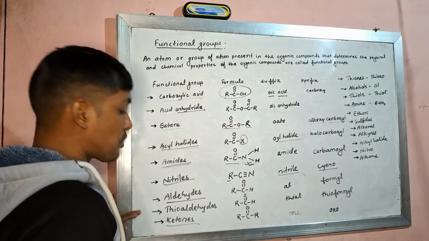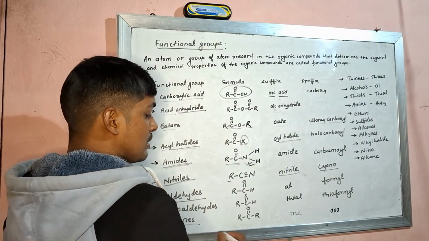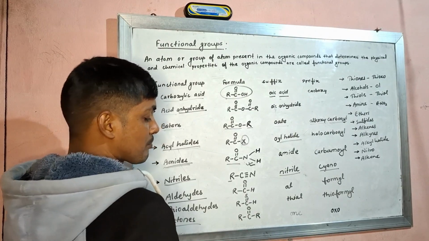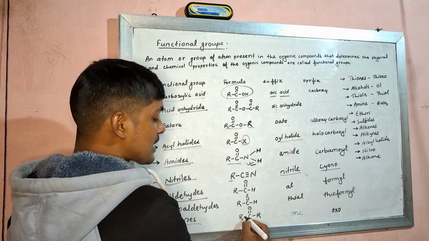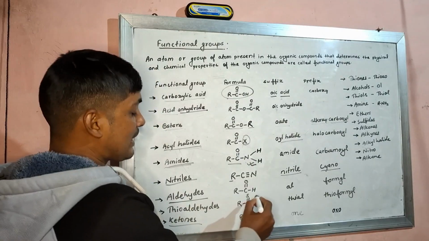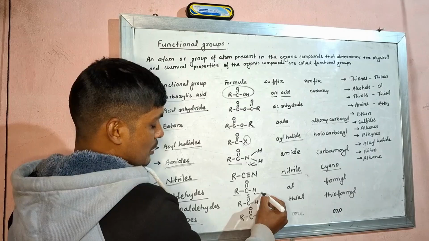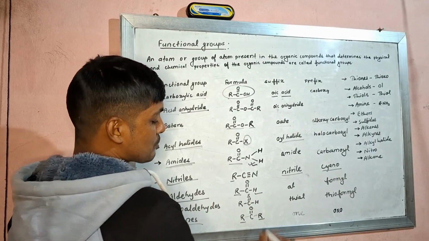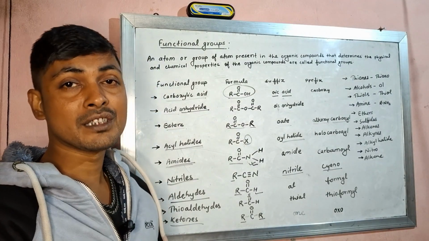The next one is ketone. In ketone, the structure is like this: in the carbon, there is oxygen connected with a double bond, and on both sides there is an alkyl group. See the difference between the aldehyde and ketone. In aldehyde, there is one alkyl group and one hydrogen, whereas in ketone, both are alkyl groups connected to the carbon where oxygen is connected with a double bond.